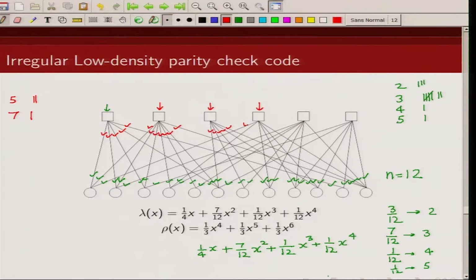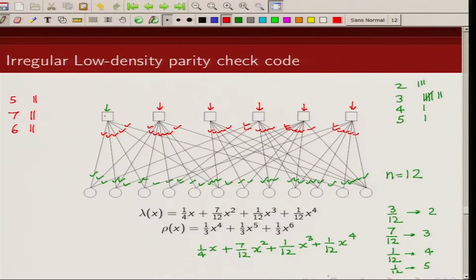Then here 1, 2, 3, 4, 5, 6. So there is 6. This one is 1, 2, 3, 4, 5, 6, 7. And this one is 1, 2, 3, 4, 5, 6. So, you can see out of these, what is the total number of parity check equations?